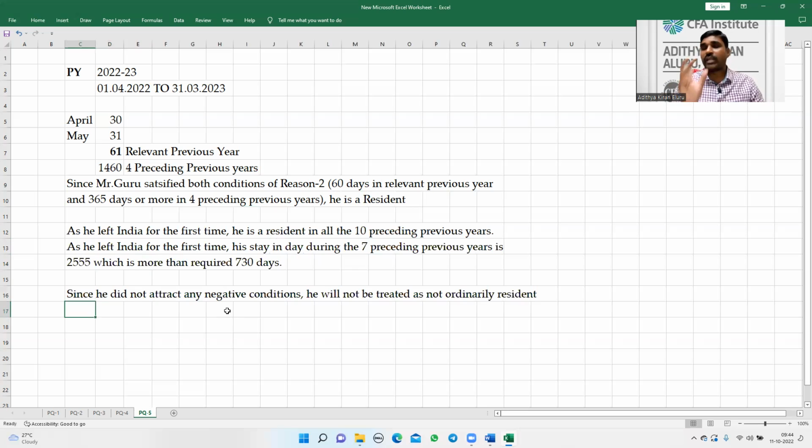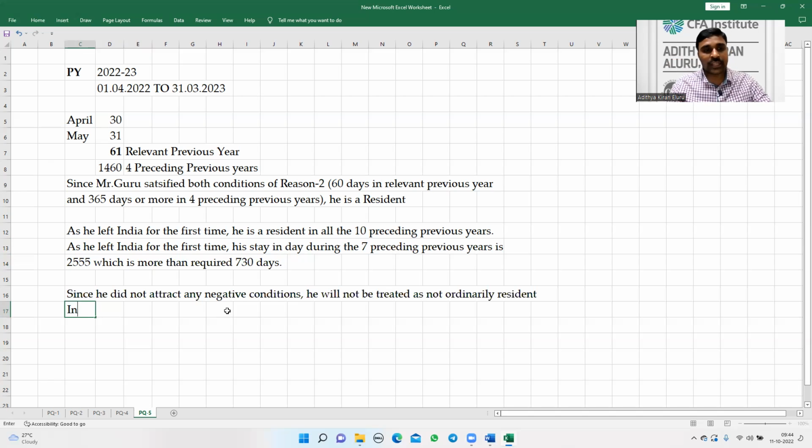Remember, the way you write the answer is important. You have to write as given in the Act. As per section 6, sub-section 6, they talk about resident and not ordinarily resident. Therefore, since he does not attract the negative conditions, he will not be treated as not ordinarily resident.